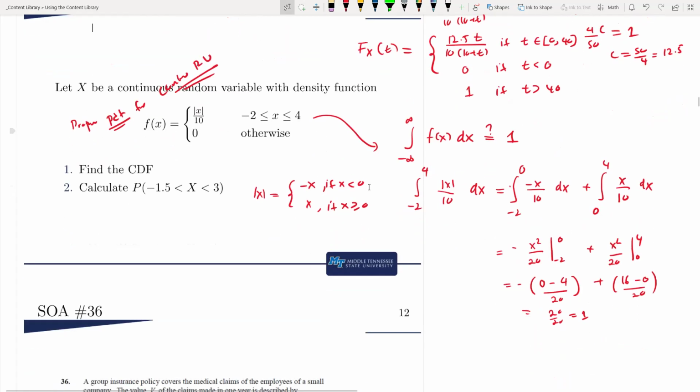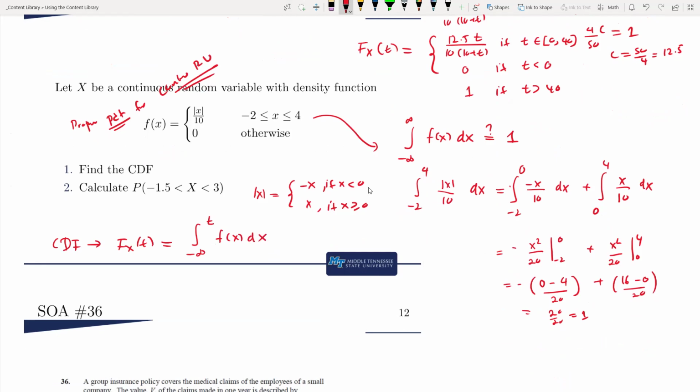Now, since we know that it is a proper PDF, we can calculate the CDF. So the CDF, let's say F_X(t), is defined as the integral from negative infinity to t of f(x) dx.